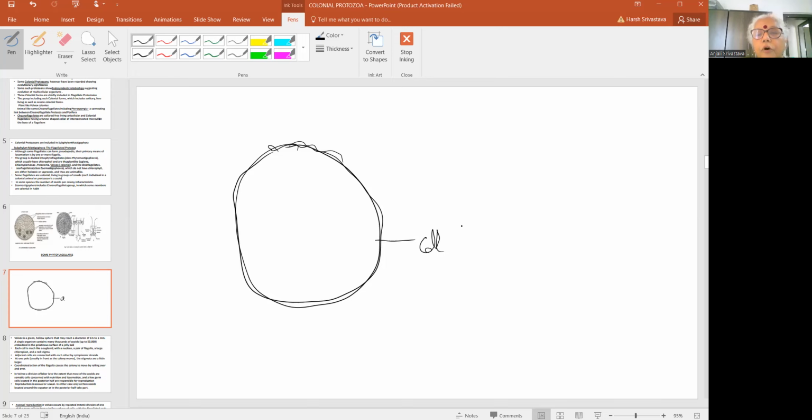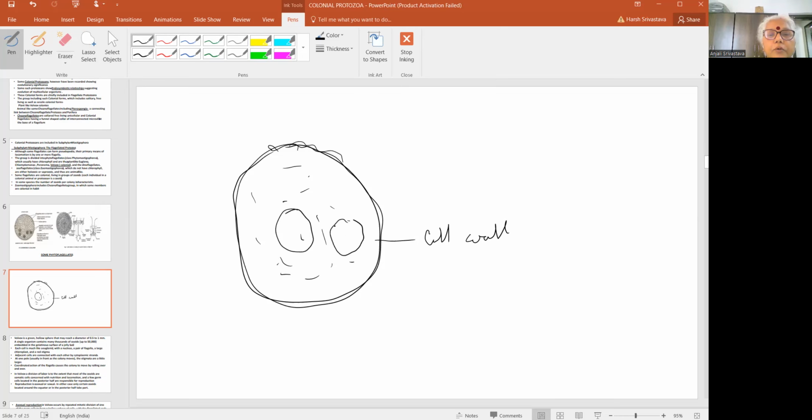This is the cell wall of the colony, and this is gelatinous in consistency, and there are certain groups of cells in the lower part. These are the reproductive cells, the gonidia. This is a Volvox colony.